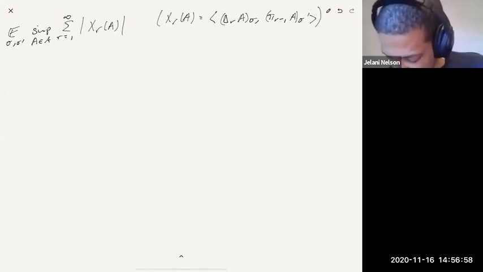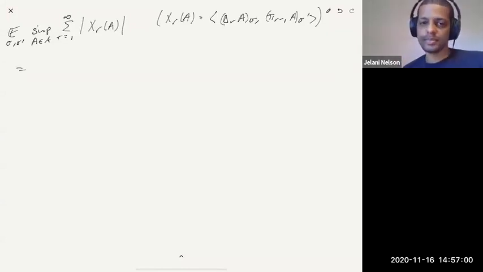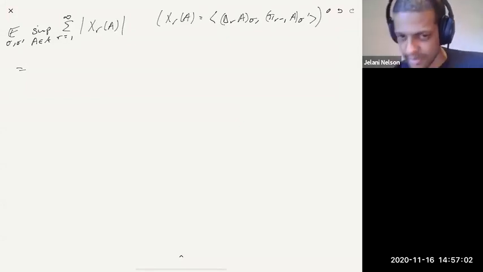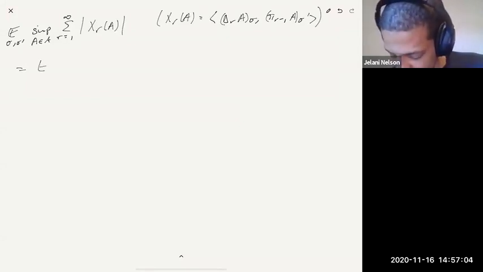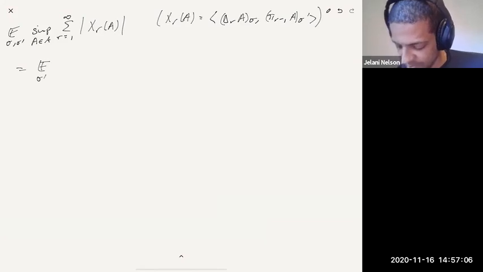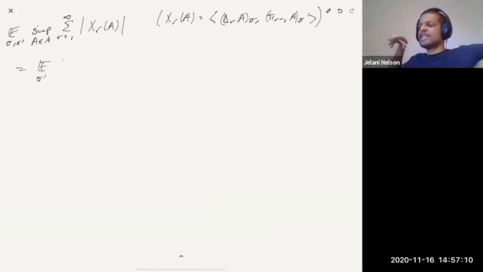So this thing is equal to the expectation over sigma prime of, now again, the expectation of a non-negative random variable Z is equal to the integral of the probability that Z is bigger than u, du.